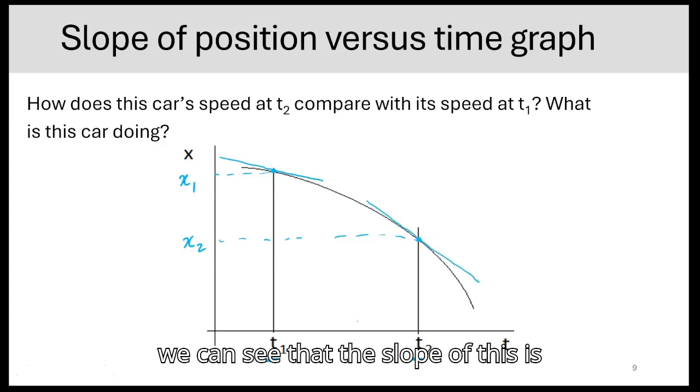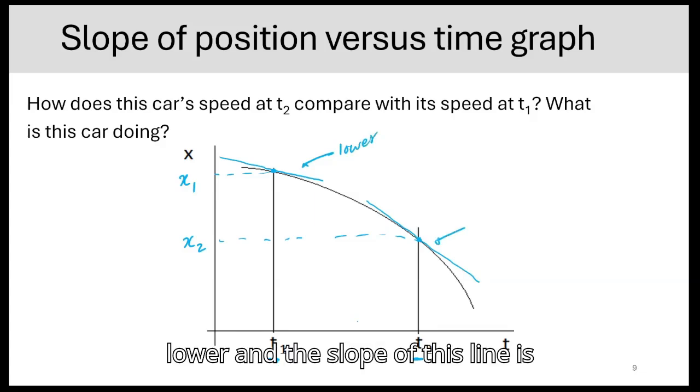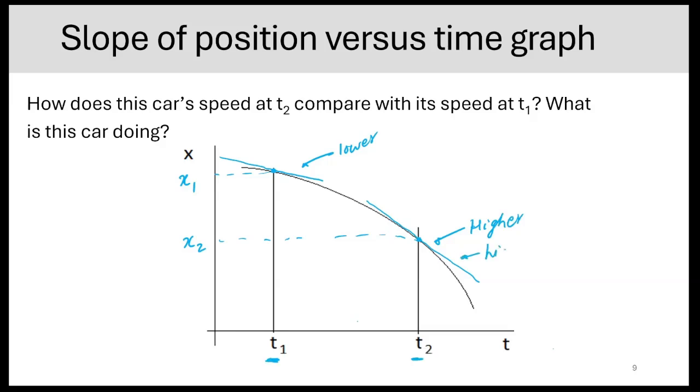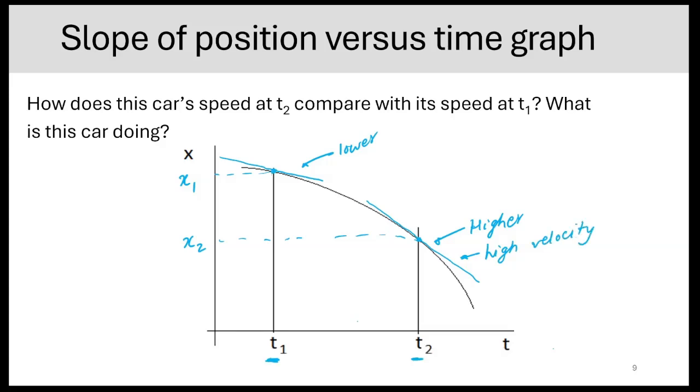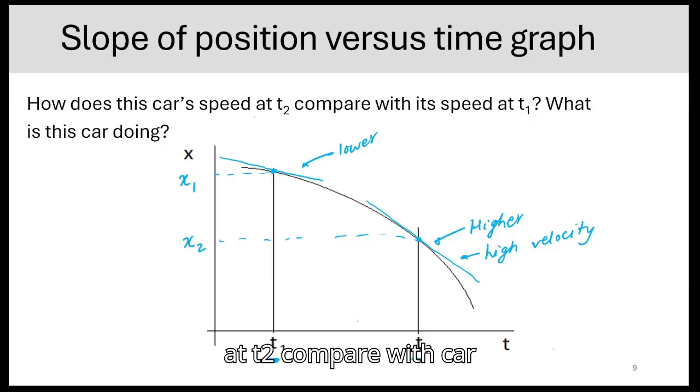We can see that the slope of this is lower and the slope of this line is higher, meaning the velocity at this point is higher than the velocity at t1. So how does this car's speed at t2 compare with its speed at t1? We can say this is higher.